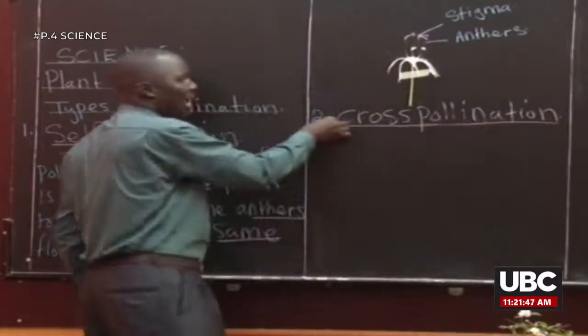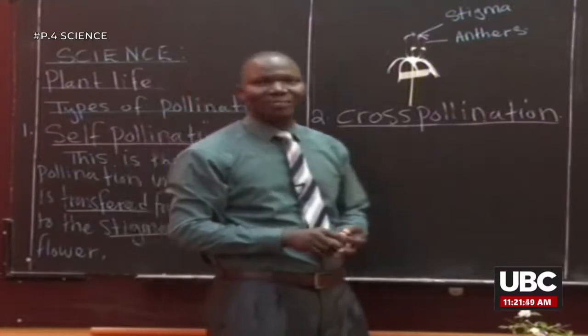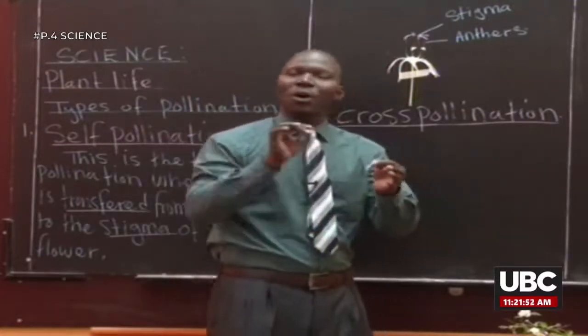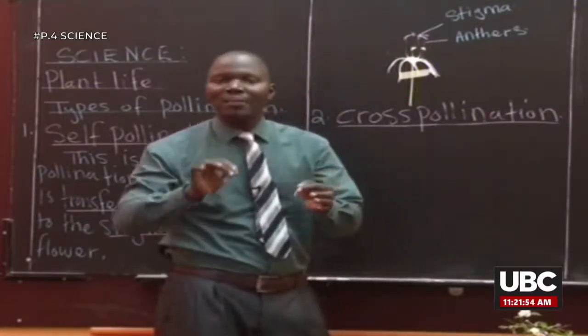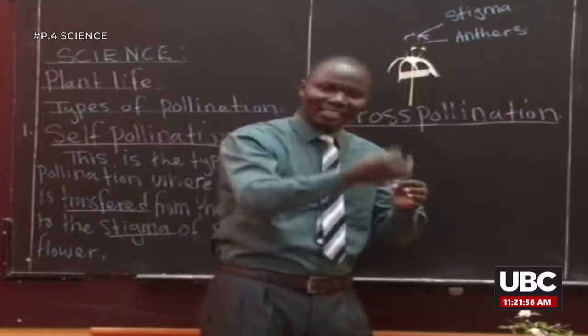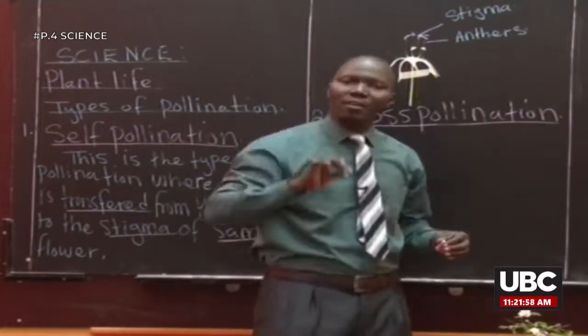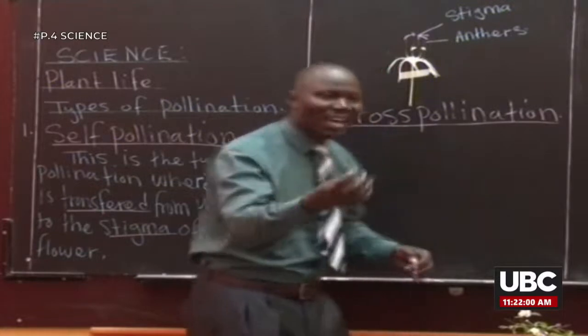Cross-pollination. And what is cross-pollination? The transfer of pollen grains from the anthers to the stigma, but of different flowers.